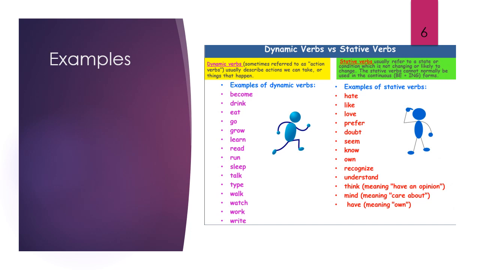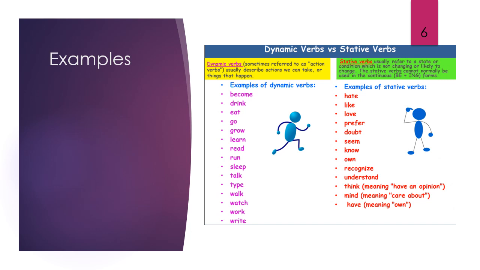Dynamic verbs like become, drink, eat, go, grow, learn, read, run, sleep, talk, type, walk, watch, work, write. Stative verbs: hate, like, love, prefer, doubt, seem, know, own, recognize, understand, think.